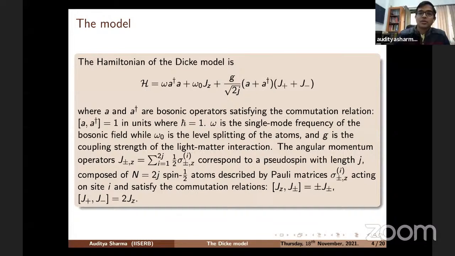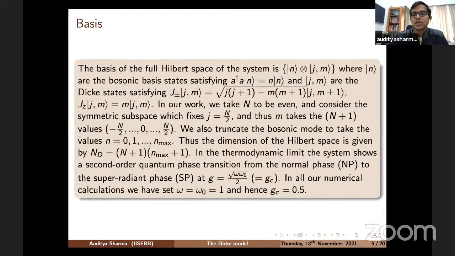Well, we have studied it only for this symmetric case where we have just fixed J to be N by 2. Other J's should also be explored, I would think. But this is where the numerics are relatively easy because the Hilbert space is just N plus 1 times n max plus 1.